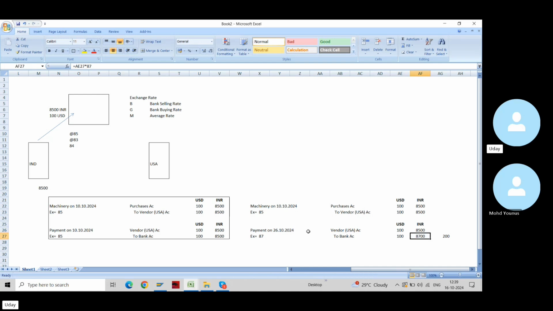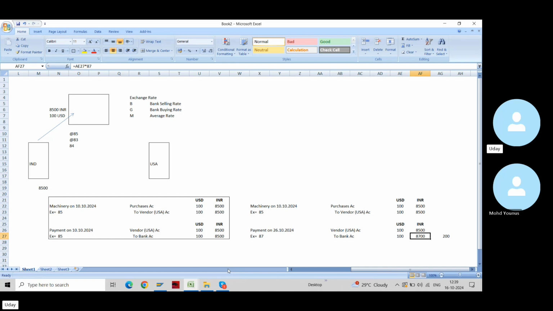Because of the increase in the exchange rate, I have to pay 200 more. If I would have paid on the same day itself, I would have paid 8,500 only, but because I'm paying on 26th October, I have to pay 200 extra in INR.